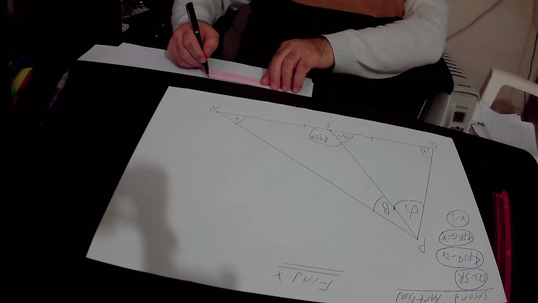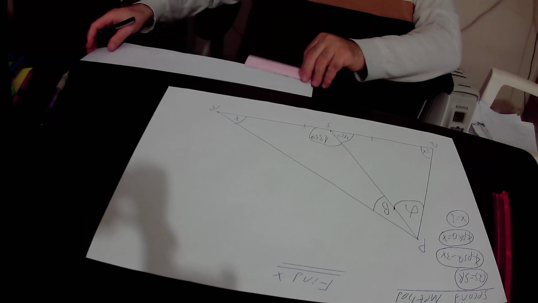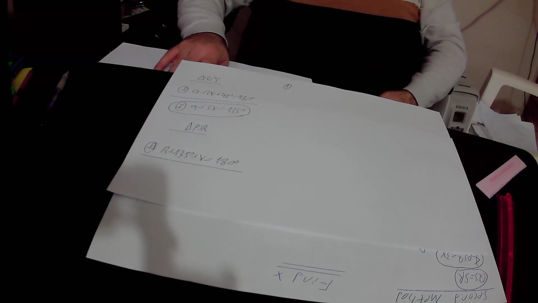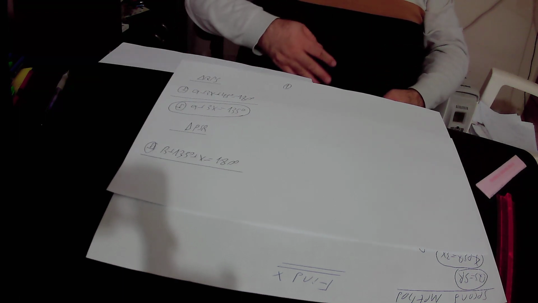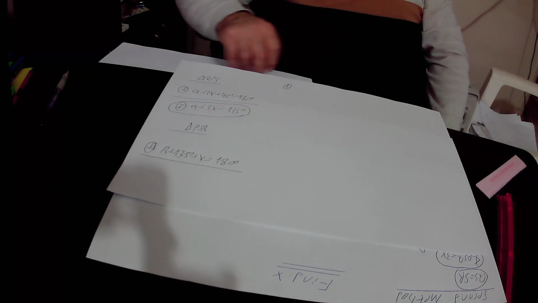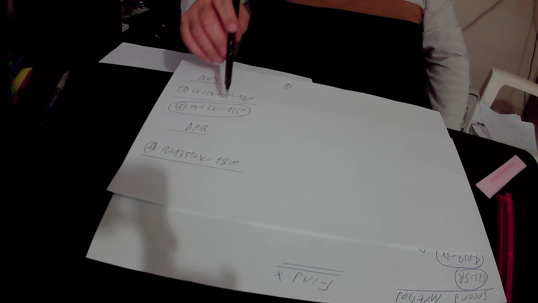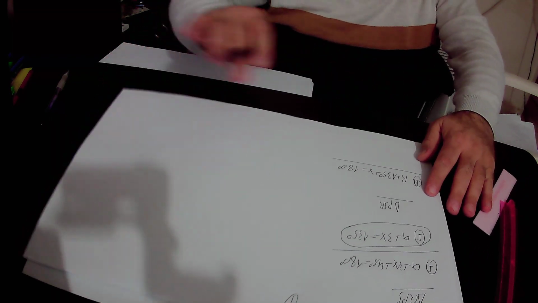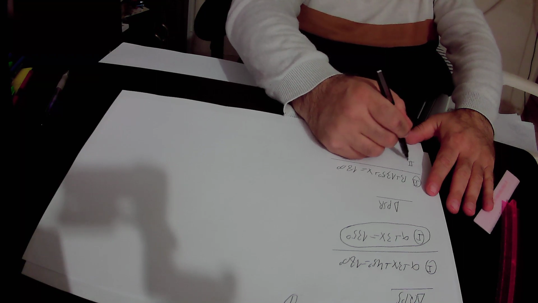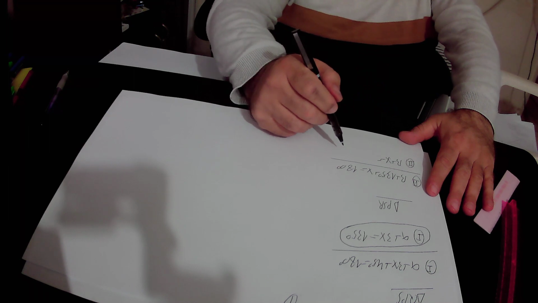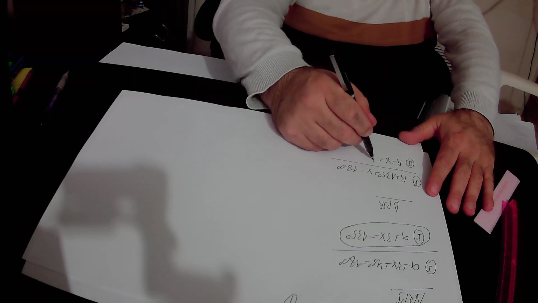I will repeat again. In triangle PSR, the sum of its angles must be equal to 180 degrees. That is to say, angle beta plus 135 degrees plus angle x must be equal to 180 degrees. Here we will subtract 135 degrees from this equation number 2, and we will get that angle beta plus x, according to equation number 2, is equal to 180 degrees minus 135 degrees, which is 45 degrees.